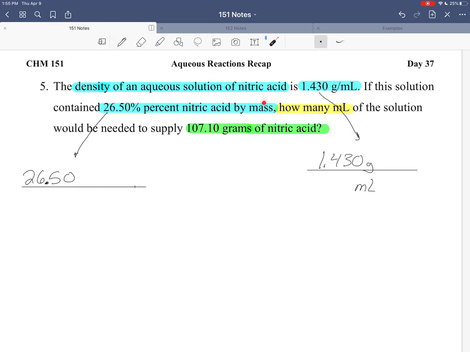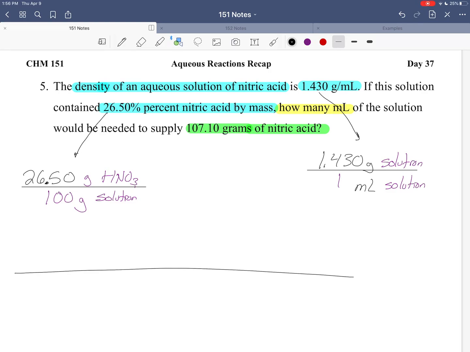So out of about 100 grams of my solution, 26.5 grams would be nitric acid. Also, my density is 1.430 grams per milliliter. It's grams of the aqueous solution per 1 milliliter of my aqueous solution. So now that I have these units written out, it makes it a lot easier to know what unit to put where.